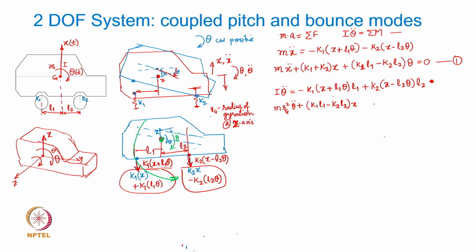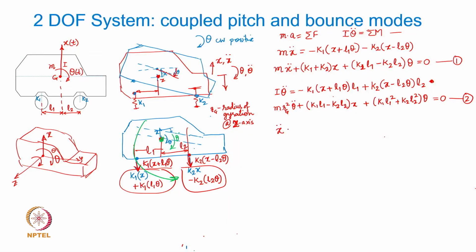So I am clubbing all x related terms, and so then there will be plus k1 L1 square plus k2 L2 square into theta. So I am clubbing all x related terms together and theta related terms together, and that's how equation number 2 is going to be.